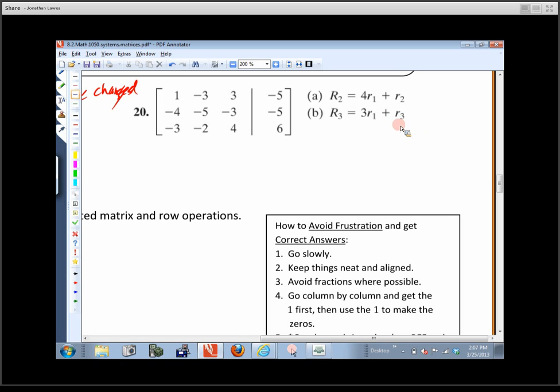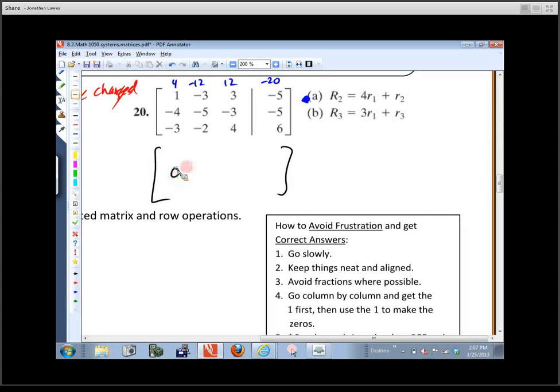I'm going to do this in colors, so I'm going to do the first one in blue. I'm going to take row 1 and do what with it? Times it by 4. So that's going to give me 4, -12, 12, and -20. What am I supposed to do with it? Add it to row 2.